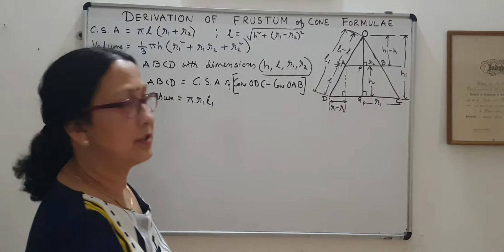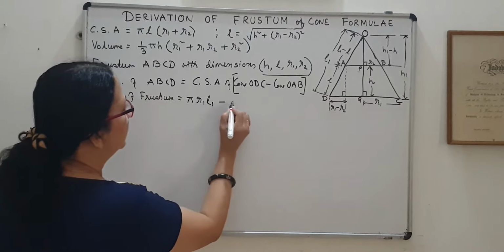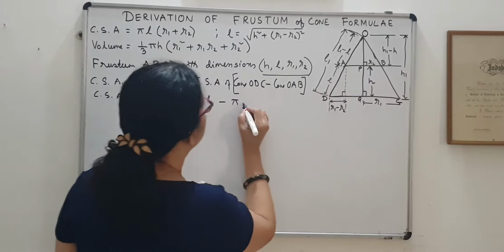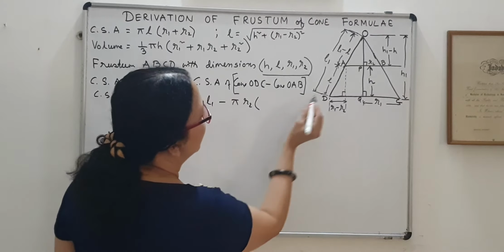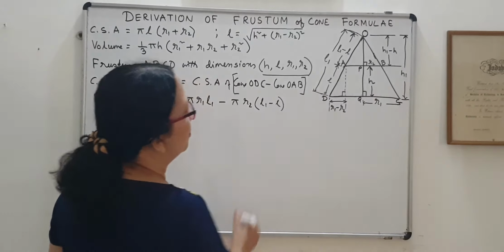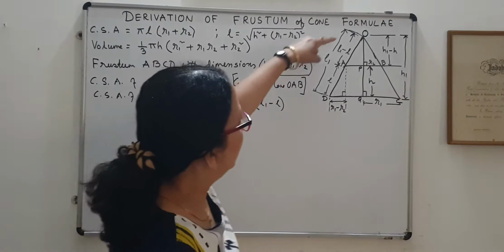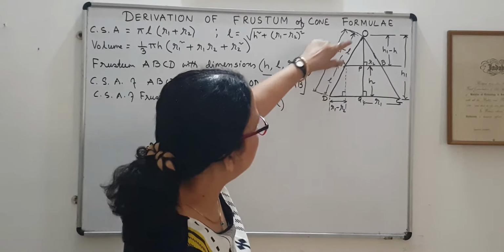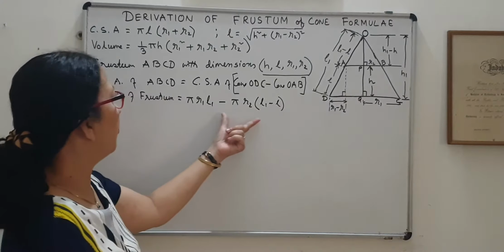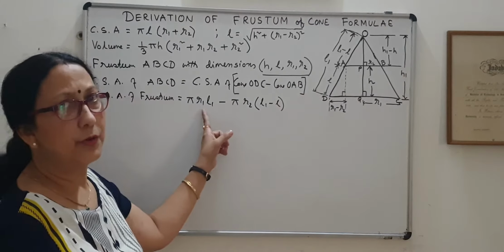Pi RL is the CSA of cone. So pi R1 L1 minus pi for the smaller cone OAB, R2 is the radius, and the slant height will be L1 minus L. As it is obvious from the diagram, L1 was this one, and so if I subtract it, I will be getting this. So this is the CSA of frustum using the formula for cone.